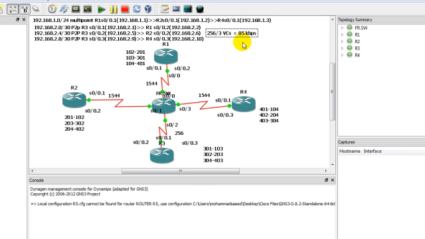Now the second step is to know the bandwidth of the multi-point sub-interfaces. I just subtract: 1545 minus 85 equals 1459 kilobits per second.